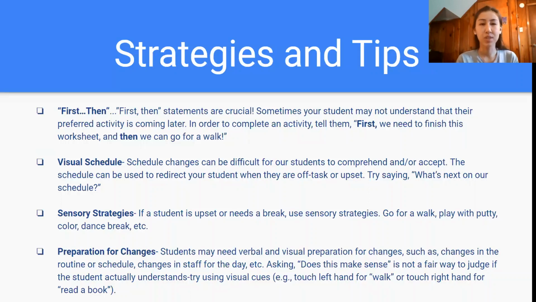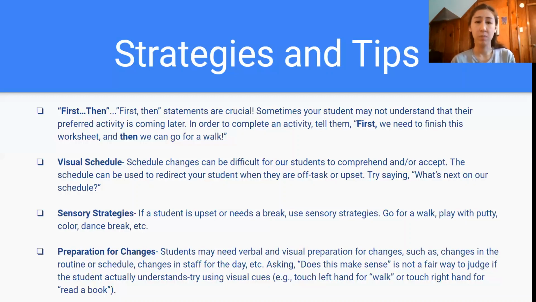Next is visual schedules, which is an easy tool you can refer to throughout your session. This is a really great way for your student to have a hands-on approach. When making their schedule for the day, they get to be involved. And if our students have difficulty comprehending what comes next in the day, they have a hard time with transitions, or they're asking about something else that's not on the schedule, it's a really good way to redirect them into staying on track.